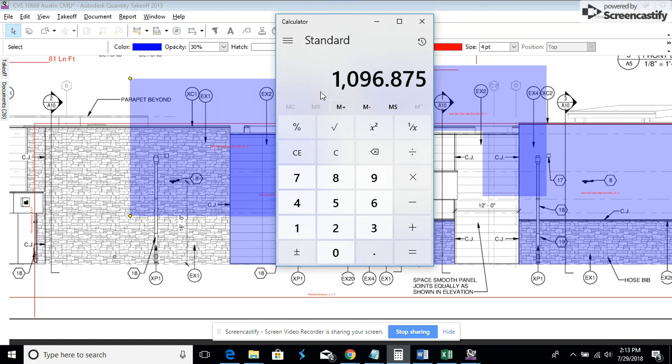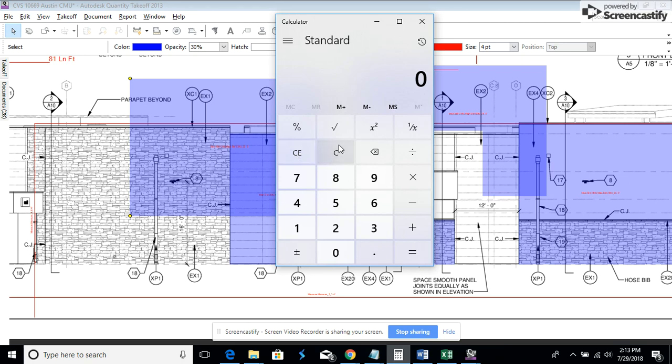The reason you do square feet times 1.125 is because one block is 8 by 8 by 16, or technically the face of it is 8 by 16, which is about 1 1/4 square feet. One block covers 1 1/4. You can do it like this.